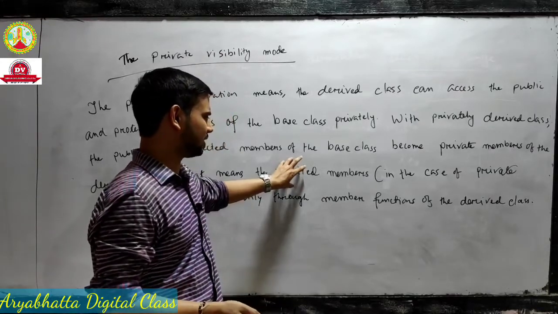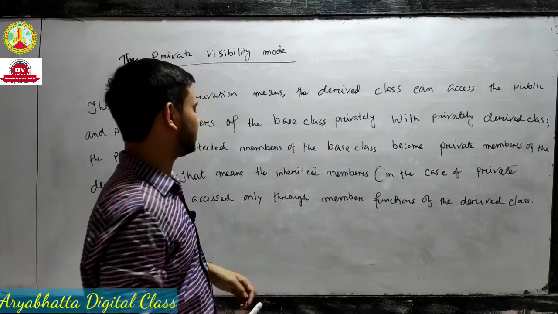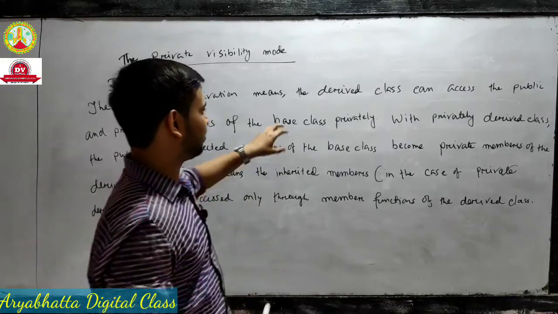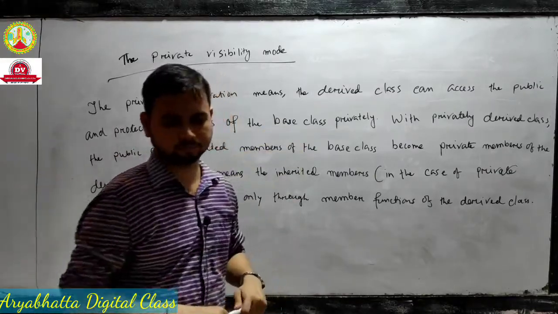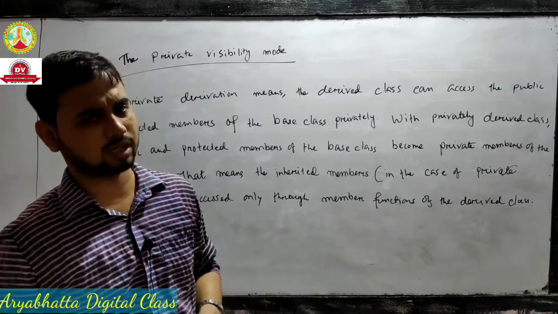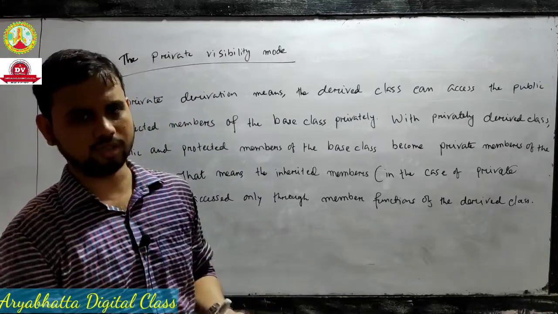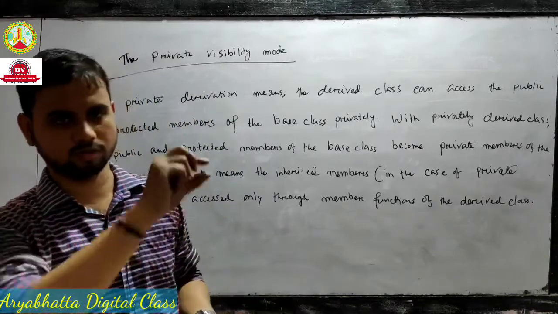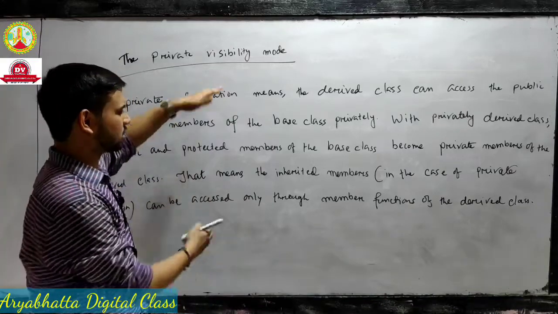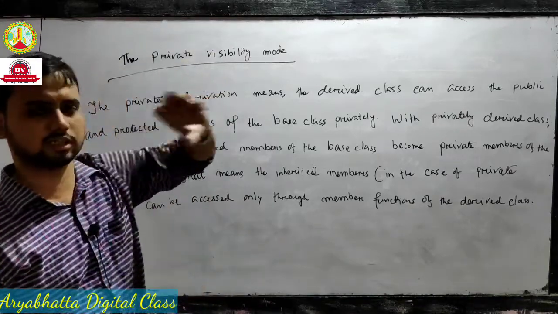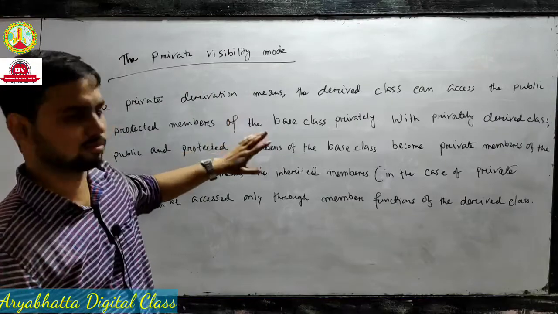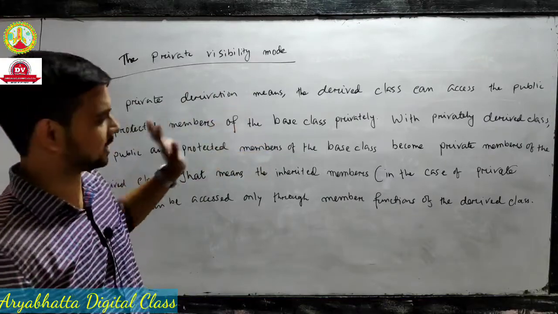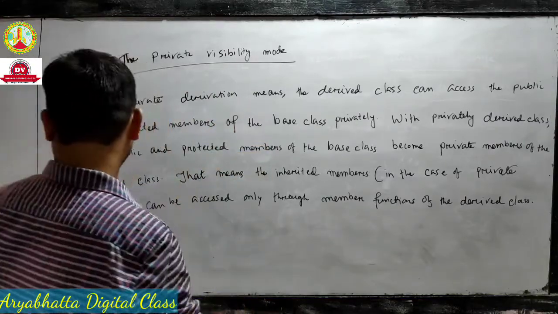It will be accessed only within the same class, and the public and protected members will also be private, as we already did in the table. This whole thing is the concept of the table that we made initially, but here we explain the details.